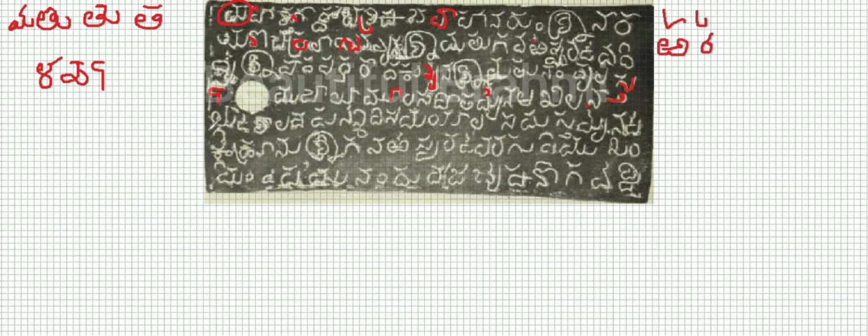Then we have a Nalgu. Then we have a da and an ekaram. We should observe this ekaram. The ekaram is more like the Hindi ekaram rather than the Telugu ekaram. So in modern Telugu, if we were to write a de, it would typically be written as such, or with a dirgham as such.